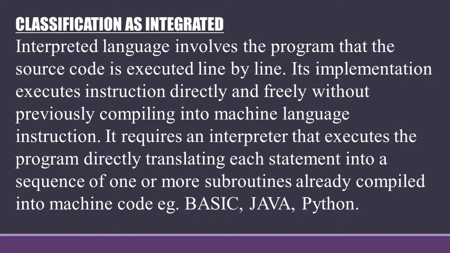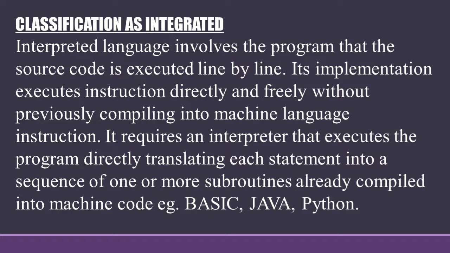I remember I told you during the introduction that it is a programming language that is written in human readable form. And because it is not written in machine language, it needs what we call a translator, which can be either an interpreter or a compiler, to translate it to the language of the computer.